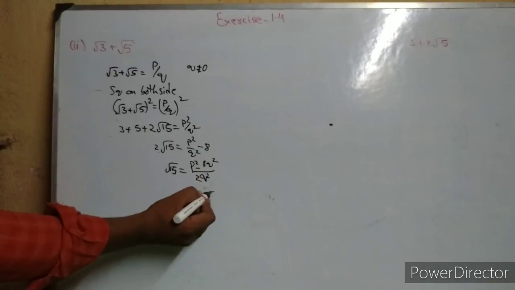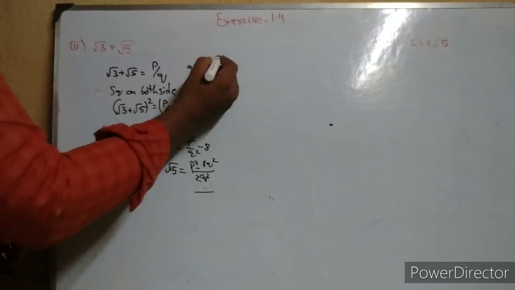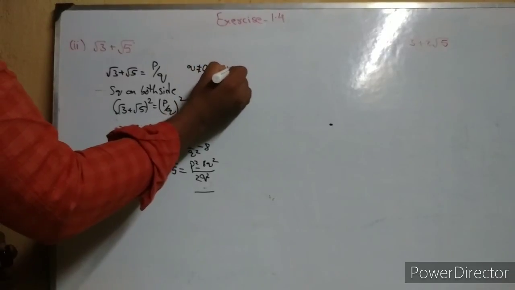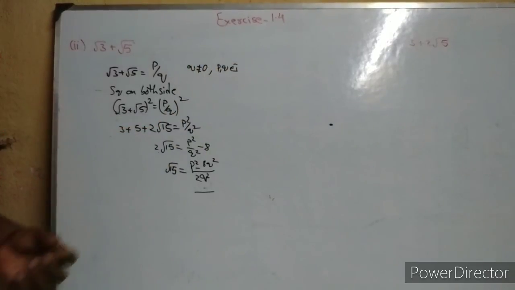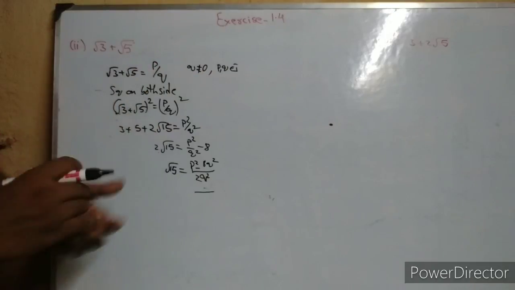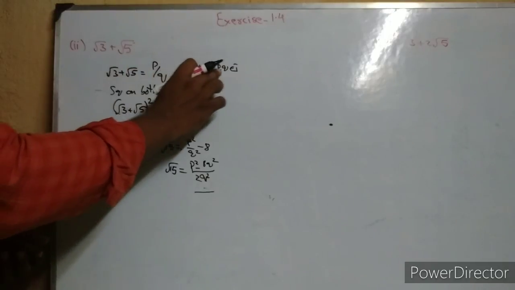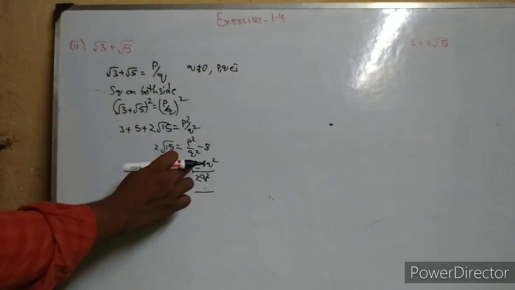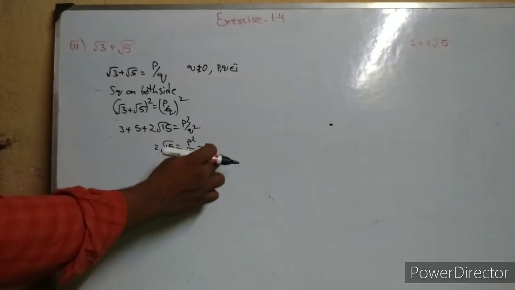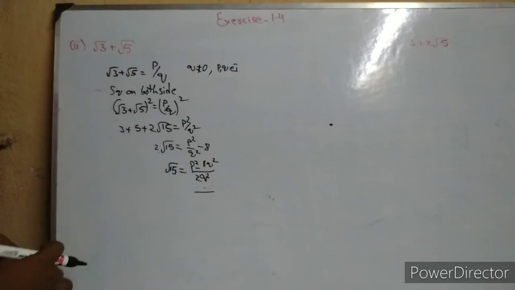So the entire term here, we know that p comma q belong to integers. This is the definition of a rational number: p by q form, where q is not equal to 0, p comma q are integers. So these are integers, so the entire expression here will be a rational number.